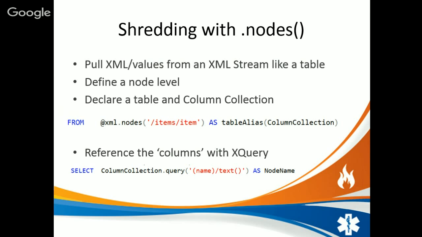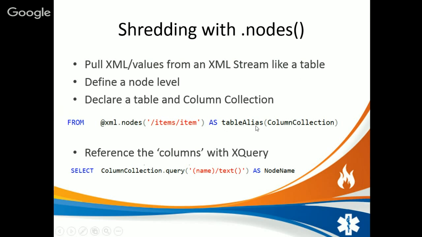Shredding with dot nodes. You use it in conjunction with the methods before, the query and the value. What nodes does is it turns an XML string into referenceable columns. So I put these backwards to help explain it. You'd say from your XML stream, and you'd say dot nodes, and then you say what level you want to pull the XML out of, or what level you want to shred.